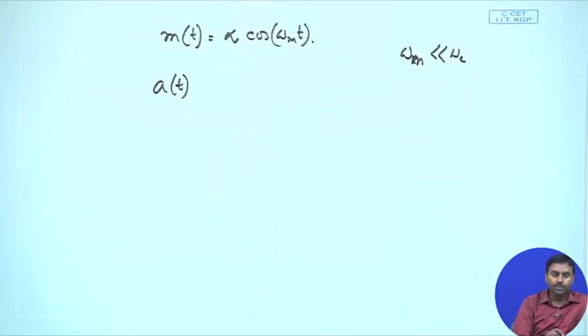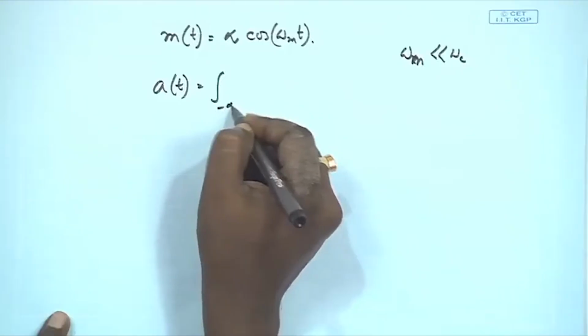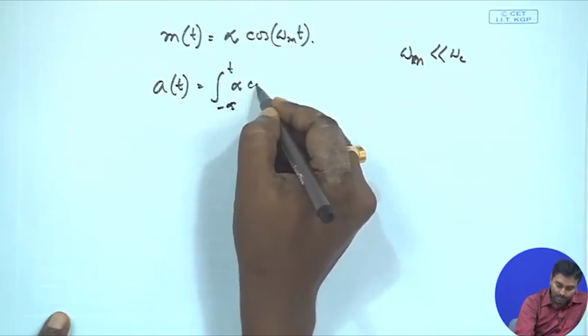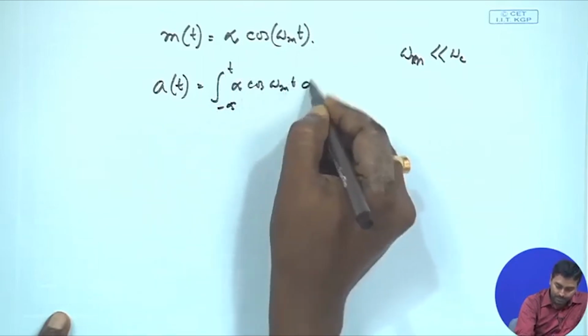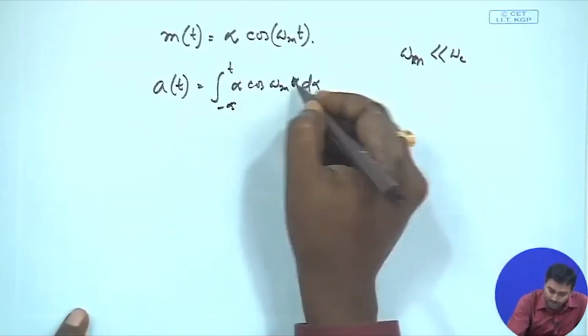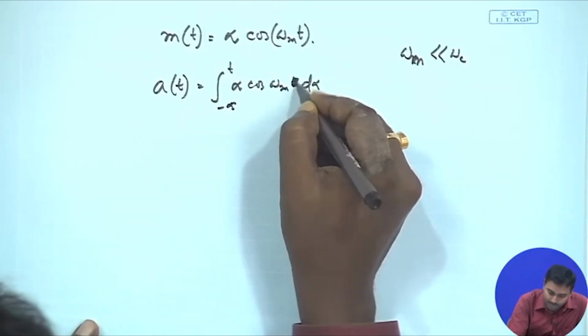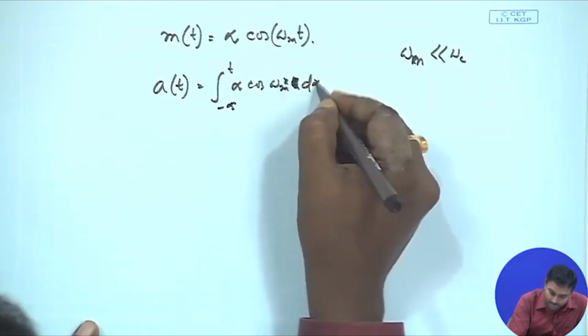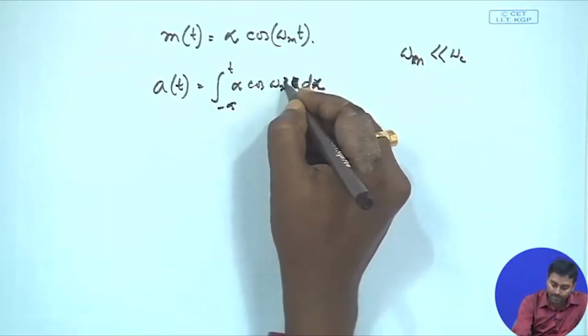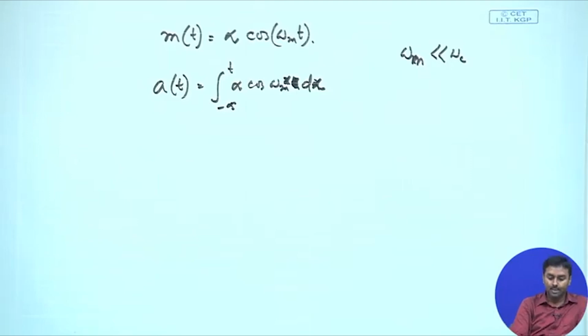It will be the integral from minus infinity to t of alpha cos omega m x dx, where I have taken a dummy variable x, because alpha is already there.